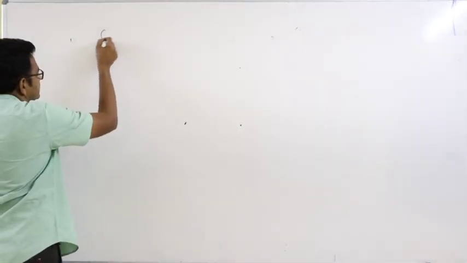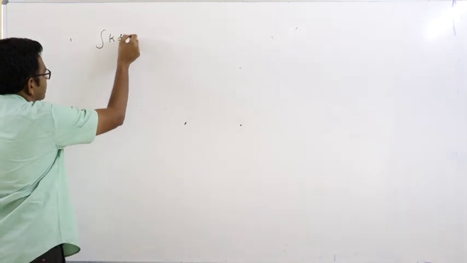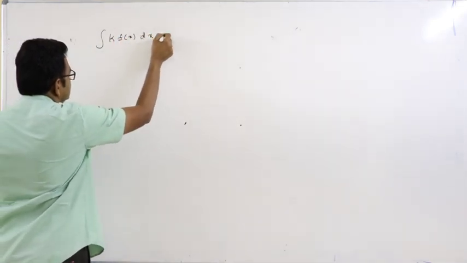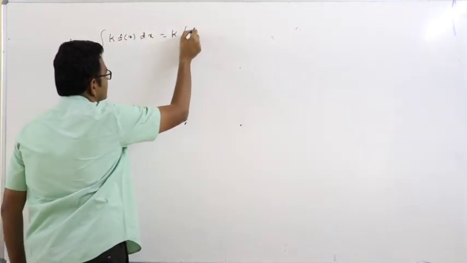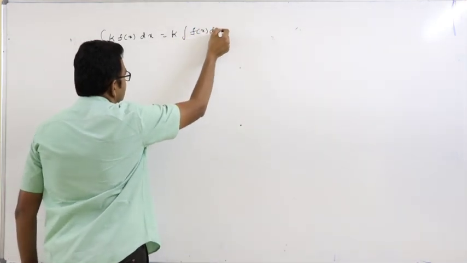These are general points. Integral of k into f of x dx is equal to k, a constant, times integral f of x dx, where f is a function of x.